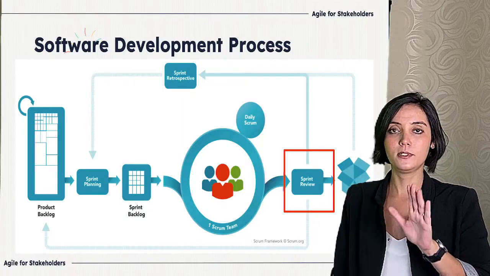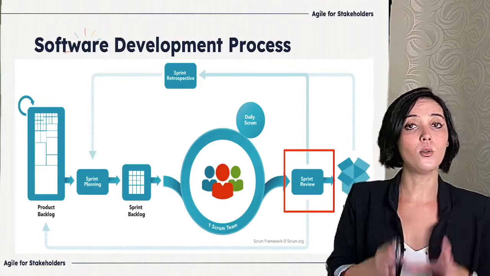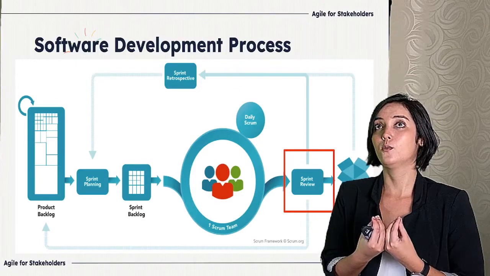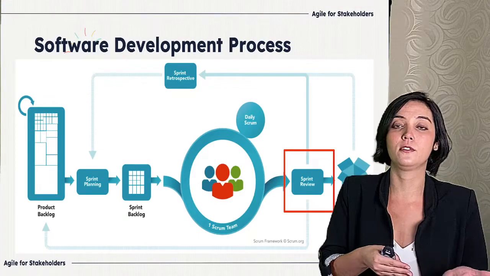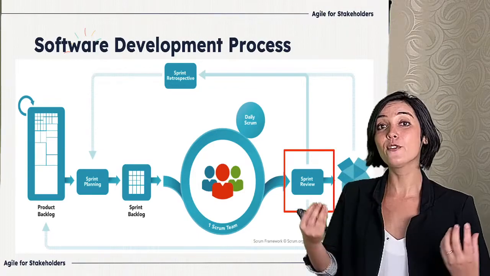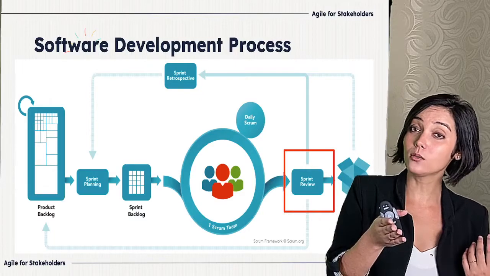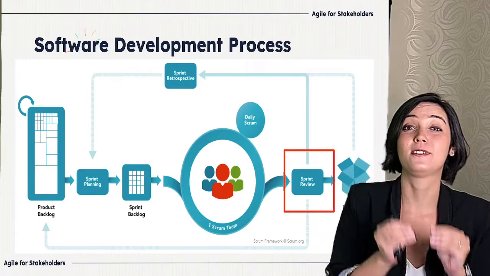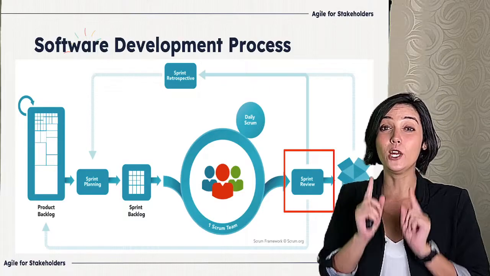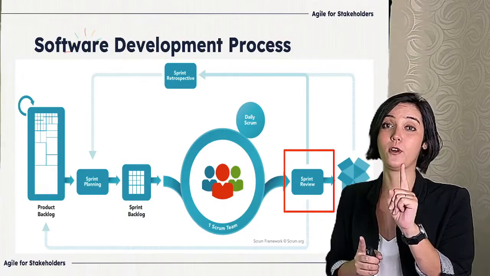In the Scrum team, we have a product owner, which is the representative of the product, the owner of the product, representing every one of you stakeholders. So the product owner needs to represent any of you, and we only have one product owner.